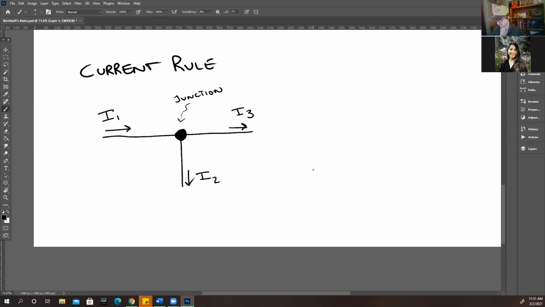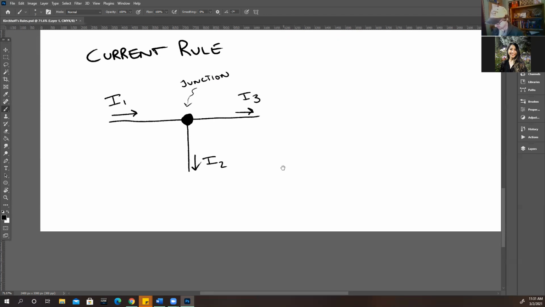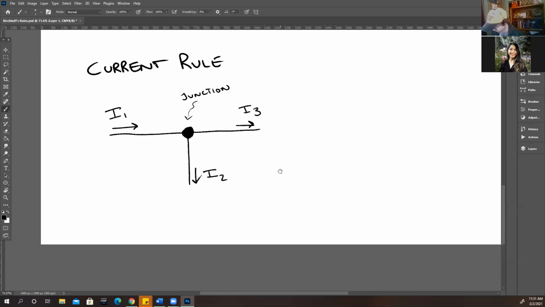What you would do is determine what you notice as the current coming in and set that equal to the current going out. So I1 is equal to the current going out, I2 plus I3. This is also what we saw last week.